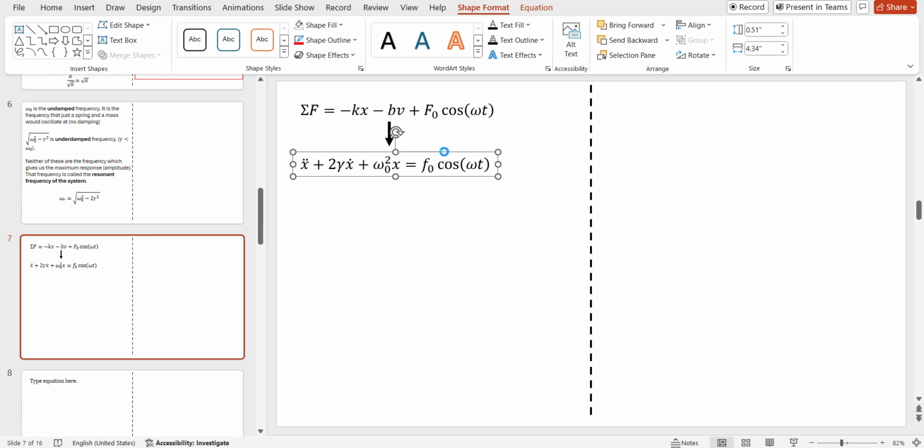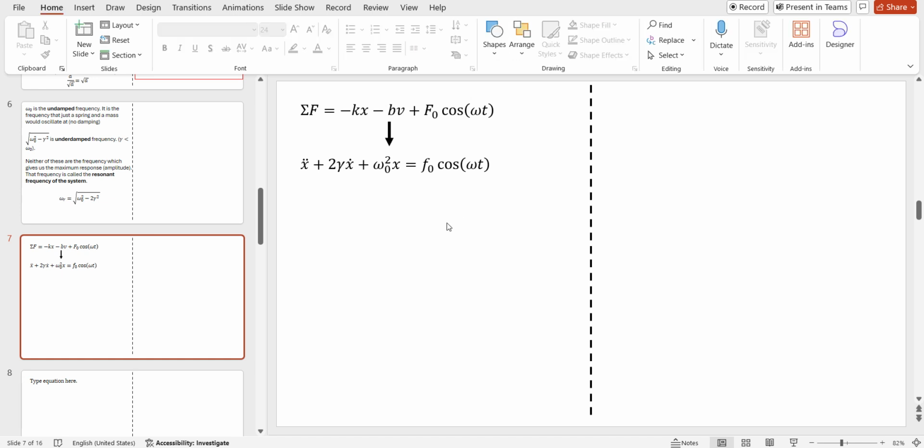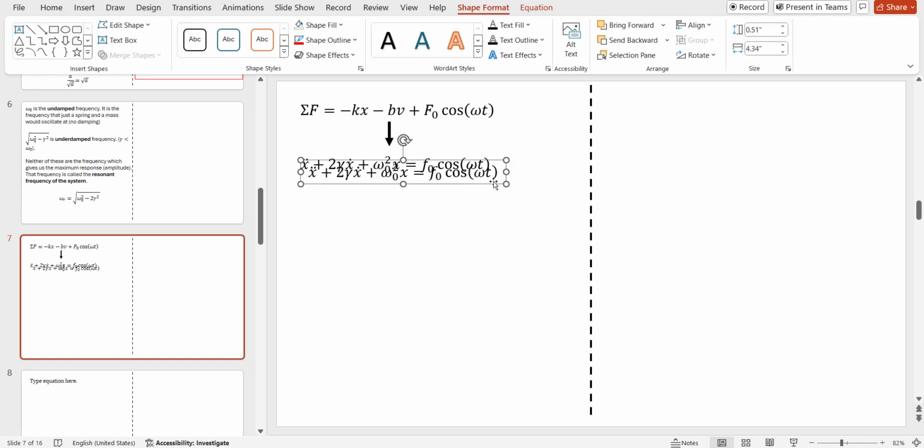So we had this, and we found that a solution, rather, was of the form x of t equals A cosine of omega t plus phi.